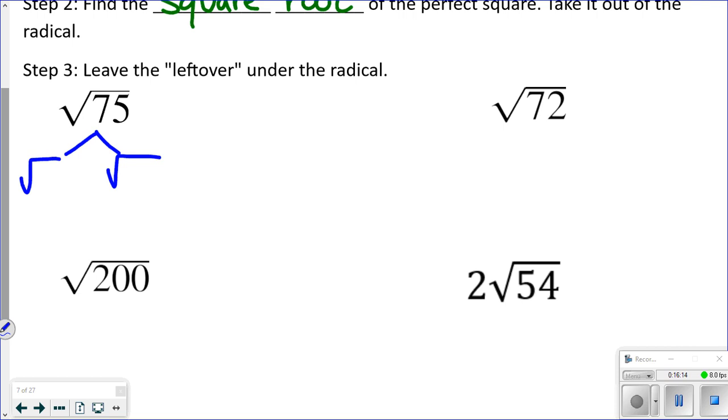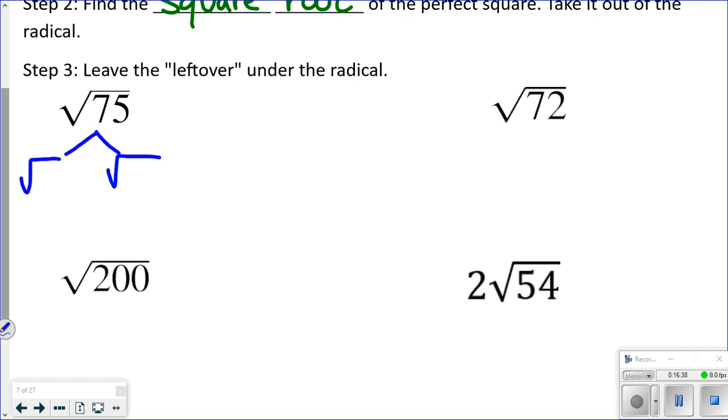So let's try to think about this. Could I do 75 divided by 64? No, it doesn't work. 75 divided by 49? Nope, it doesn't work. Is 75 divisible by 36? No. Is 75 divisible by 25?